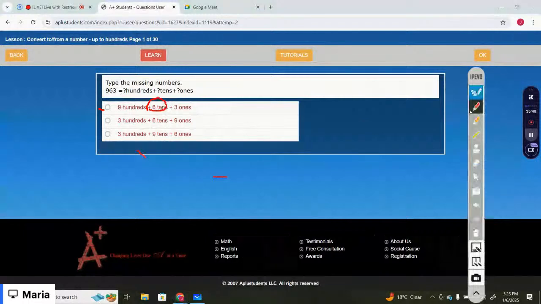You have to write the numbers and their place values. So the chart is ones, tens, and hundreds. So 963. 9 is at the hundreds position, 6 is at the tens, and 3 is at the ones position.